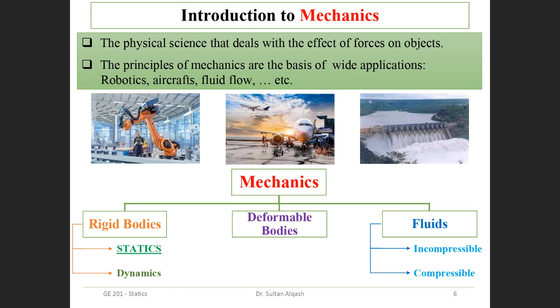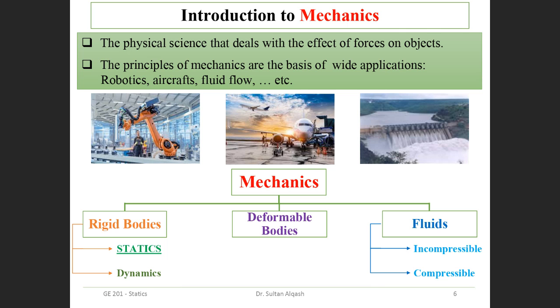We mentioned that mechanics is the physical science that deals with the effect of forces on objects. We talk about forces; I would say loads is a better word in English.